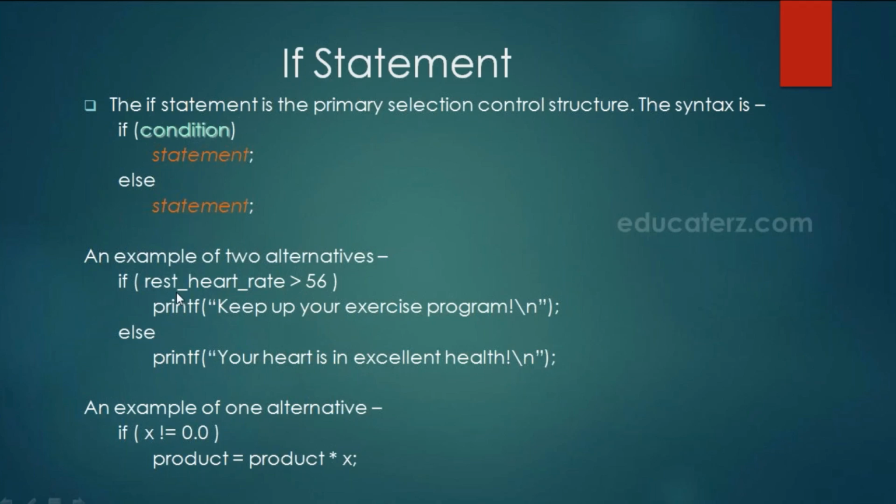If resting heart rate is greater than 56, then we'll print keep up your exercise program, else we want to display your heart is in excellent health. So this way we can use the if-else condition. If we have only one alternative, then we can go for only the if statement. For example, if x is not equal to 0, then we will calculate the product value as product equal to product into x.